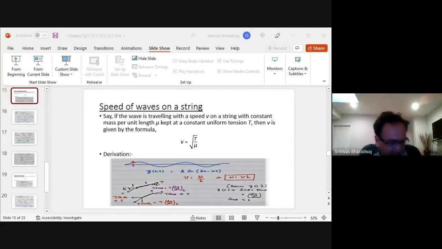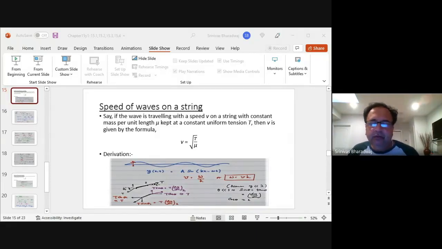Also, you must remember, from f lambda you can also derive omega by k. So 2 pi by lambda is like a wave number, and omega is related to the frequency, 2 pi f.